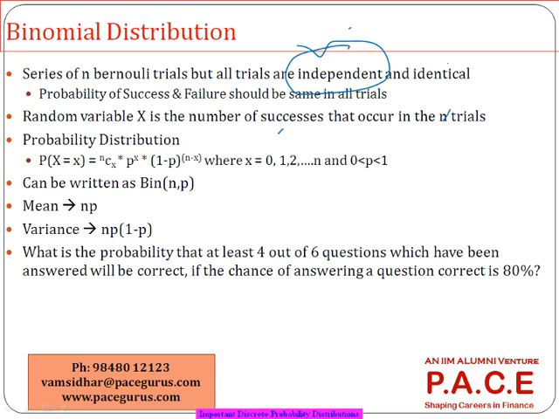Second, it should be identical. It is the same experiment, and the probability of success and failure should be the same. When I throw a dice, anytime I throw, getting a 6 is 1 by 6 only. That is what we call identical. This kind of data we'll probably discuss in more detail at a slightly later point.